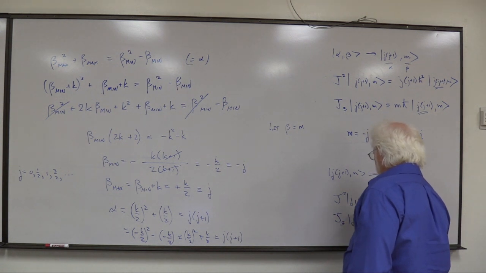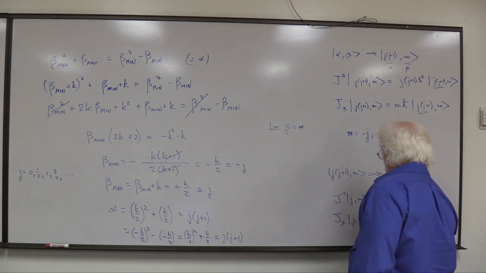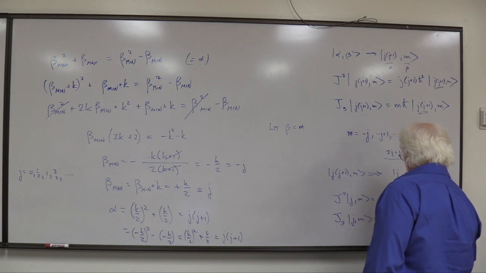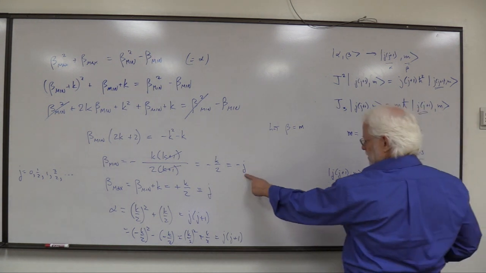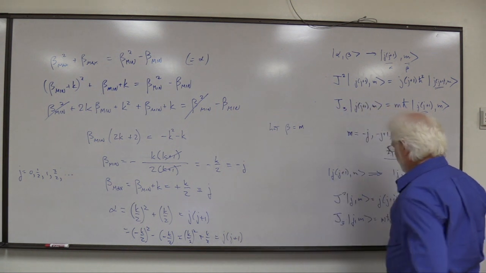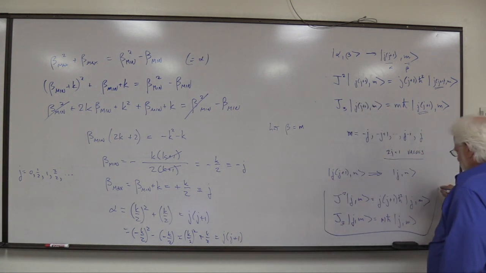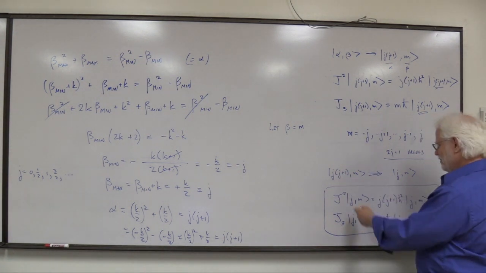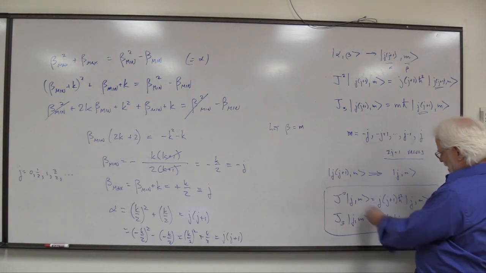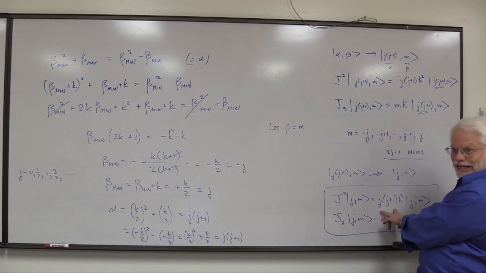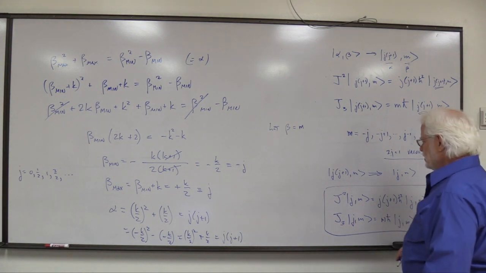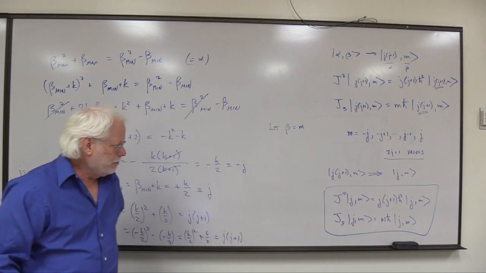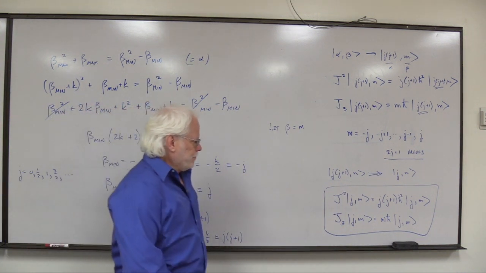J3 on a jm state is m h bar times jm, where m is not the old j. I'm just avoiding writing j times j plus 1 all the time inside my kets. If I know j, I know that's the eigenvalue.